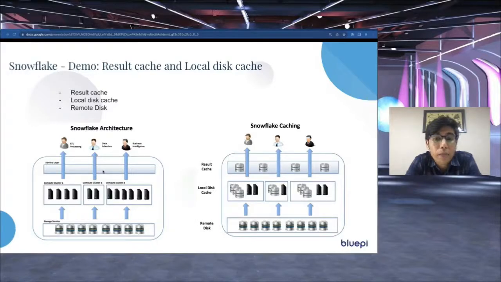So if data is already present in the local disk cache of the query processing layer, then Snowflake won't go to the storage layer, to the remote disk, to access the data. And this architecture, working in this fashion, makes Snowflake fast as well.